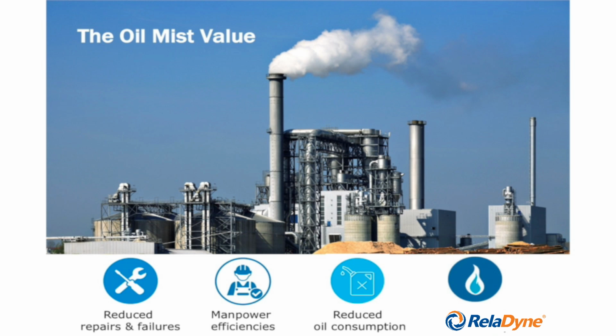We certainly have reduced oil consumption, and oil consumption rates, generally speaking, are 60% less with oil mist than they are with conventional lubrication. We will have a slide in a minute that explains why. And also we have increased fire safety because the oil mist is of course non-explosive and does not sustain a flame.